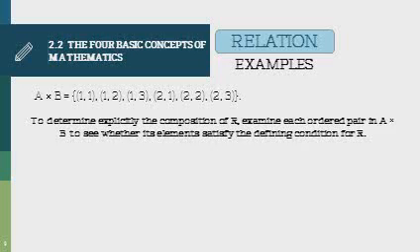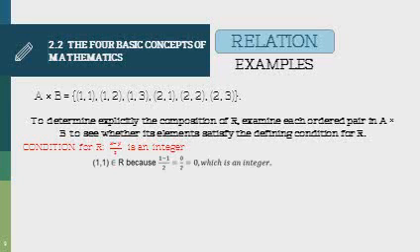Okay, once again, the elements in our A times B are (1,1), (1,2), (1,3), (2,1), (2,2), and (2,3). To determine explicitly the composition of R, examine each ordered pair in A times B to see whether its elements satisfy the defining condition for R. Ayun, yun yung condition natin, yung binanggit ko kanina.